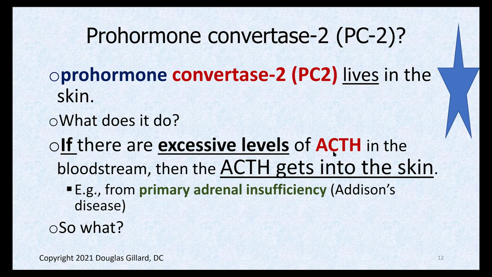And if that situation ever occurs, if so much ACTH is released, it can start to get into the skin, into the dermis. And if it gets into the dermis and PC2 grabs it, it cleaves it, it chops its tail off and makes it into a new molecule.